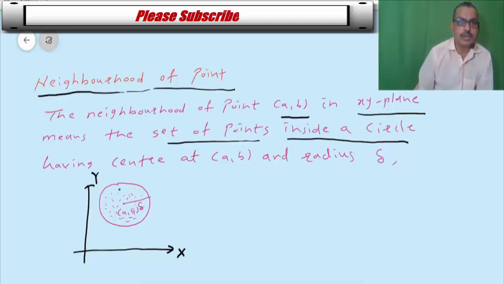Suppose this point is (x, y). Then the distance from the point (x, y) to the center (a, b) is less than delta.